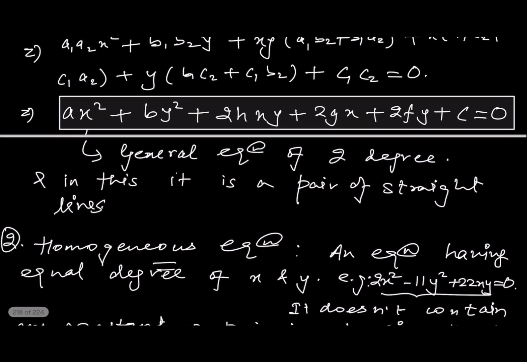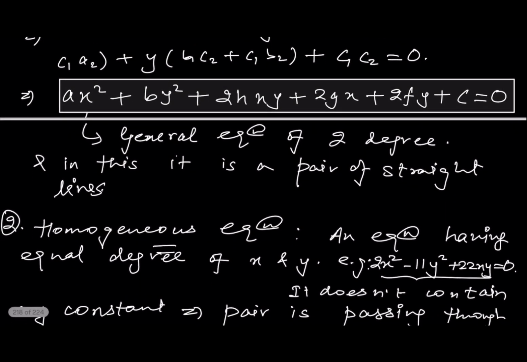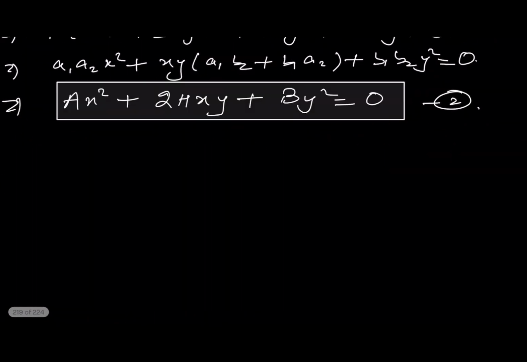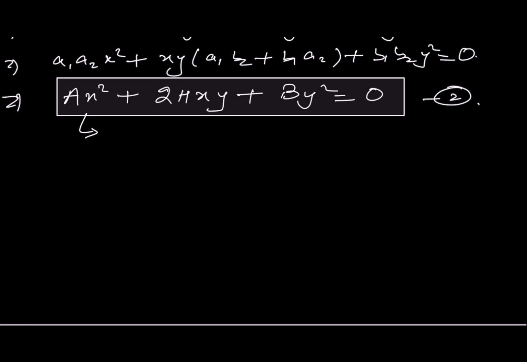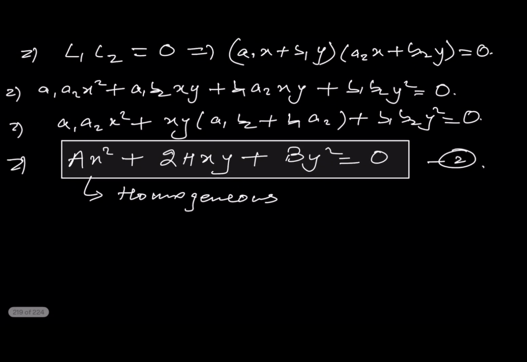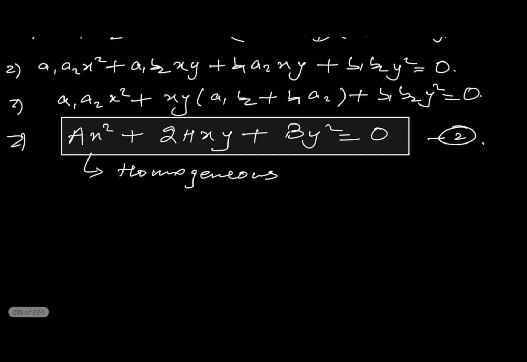Okay, say this is 1, this is 2. So this 2 is a homogeneous equation, like we saw in the last point. A homogeneous equation is an equation having the same degree in all its terms. So this is a homogeneous equation, and homogeneous equation of how many degree? 2 degree, right?